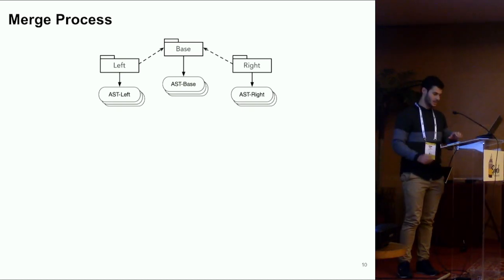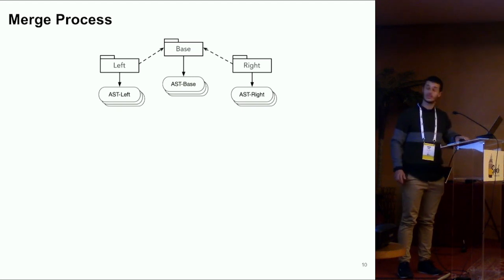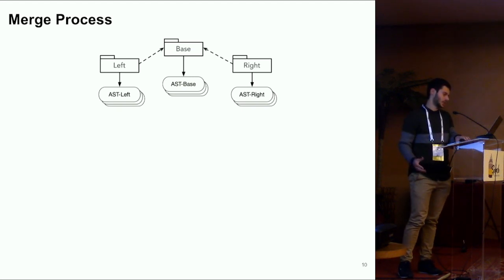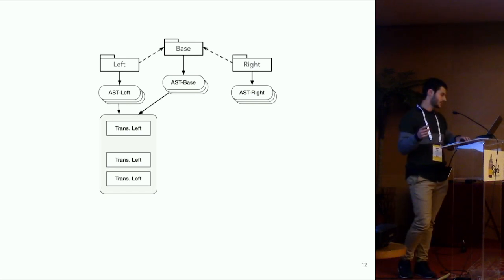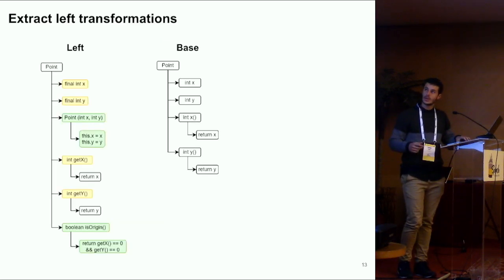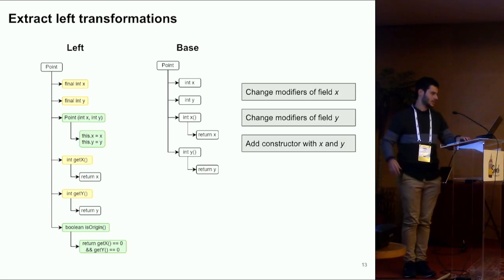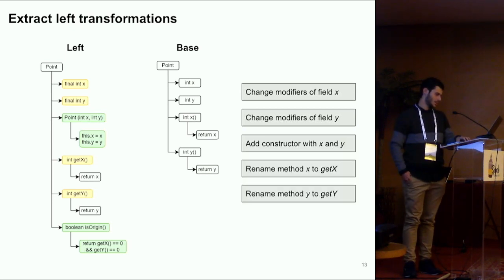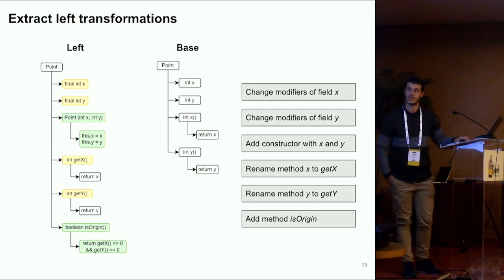Thank you. The first step of our approach is to parse the three versions of the code to an abstract syntax tree. After that, we extract the transformations between the left and the base version. As we can see, and as André mentioned, we have transformations for the change of modifiers, the addition of the constructor, renames of the methods, and the addition of the method isOrigin.